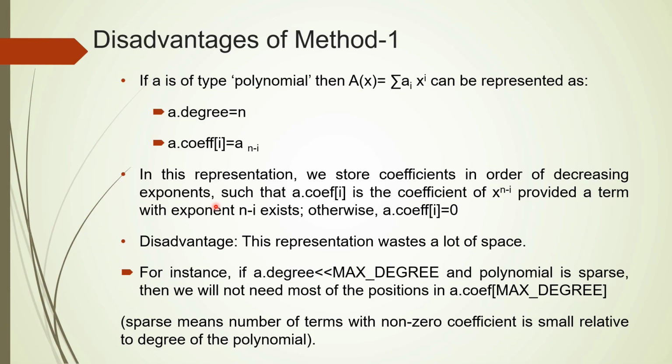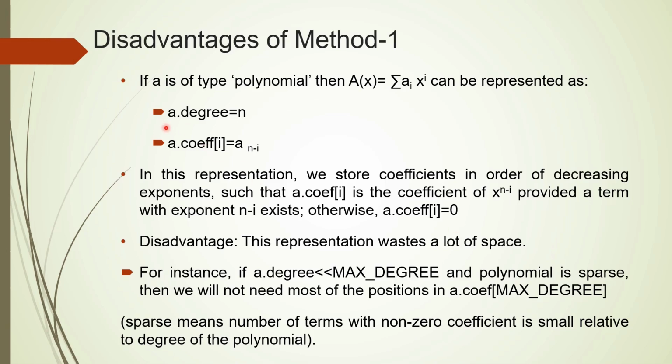Anyhow, terms of the polynomials are represented in decreasing exponent only, such that a dot coefficient of i is the coefficient of x to the power of n minus i. Here x is a variable, n is the leading exponent, i is an index, provided a term with exponent n minus i exists. Otherwise, we are going to store 0 in the coefficient field of the given polynomial.